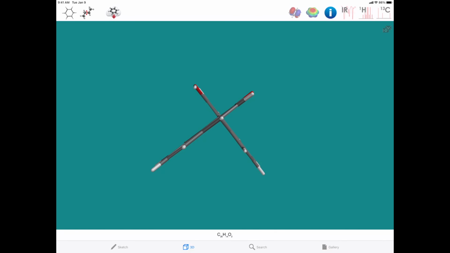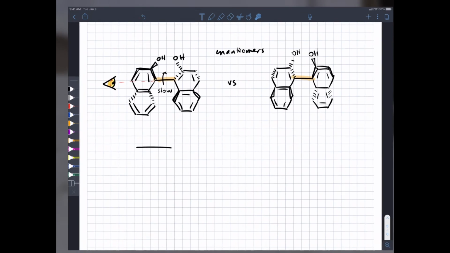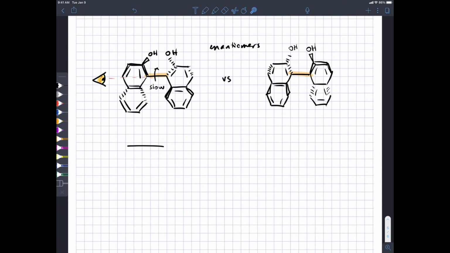As we look down that axis, we could draw a line here in the front for the front group and a line here in the back for the back group. And the two sides are different, right? This side has an OH group and this side has a benzene ring. This side has an OH group and this side has a benzene ring. So what we would do is, looking down this bond, the OH group would be on our left and the ring would be on our right.